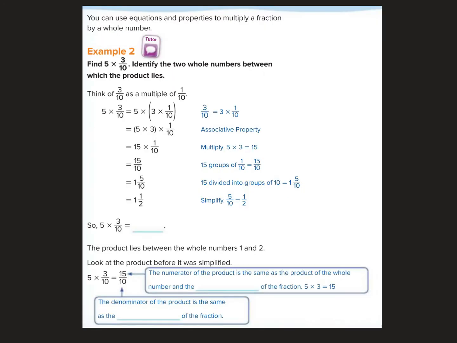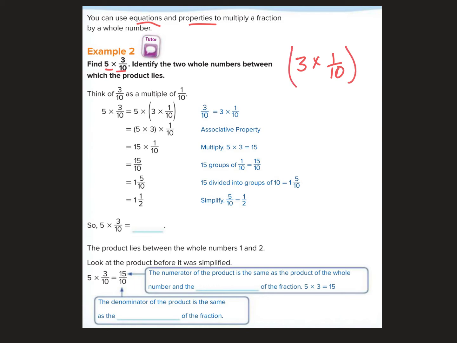All right, so up here you can see it says you can use equations and properties to multiply a fraction by a whole number. I don't know, it's kind of an interesting way to look at it. So what it's saying is if I take 5 times 3/10, if I'm looking at 3/10, I could say it's the same as 3 times 1/10, right?